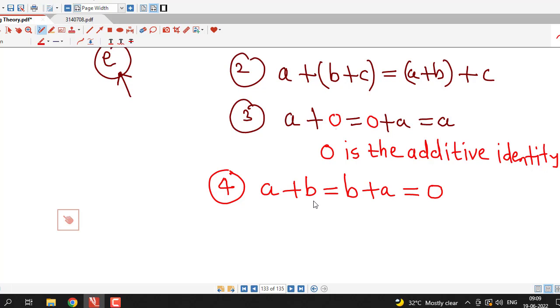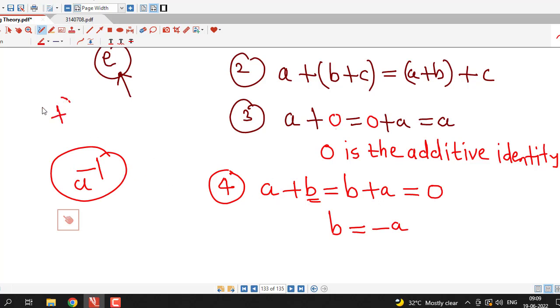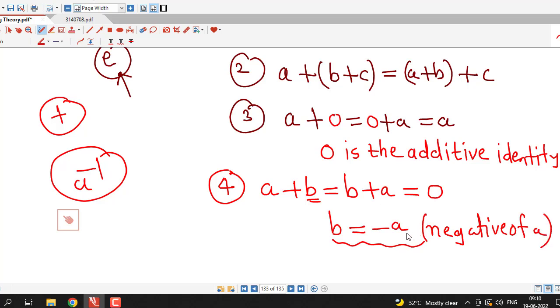So the inverse with respect to addition operation will be denoted by minus A. We will not use the notation A inverse for the inverse of A with respect to addition operation. Instead, we will use this notation, and it is known as negative of A. Negative of A is the notation for the inverse of element A with respect to addition operation.